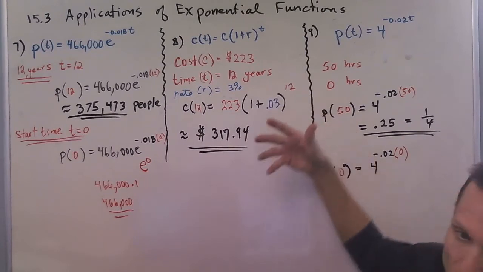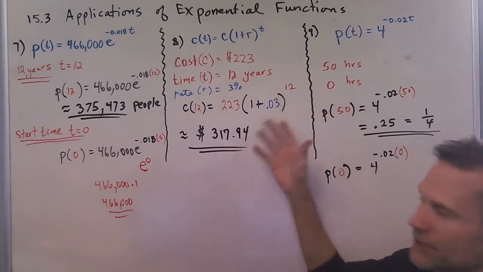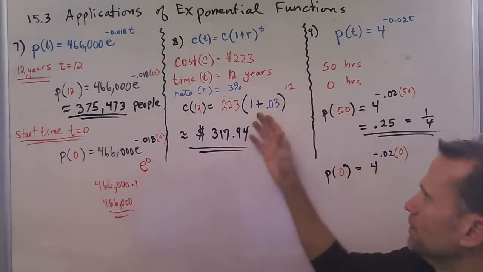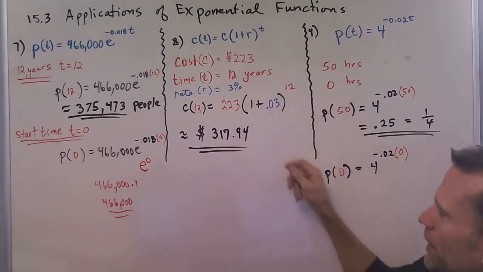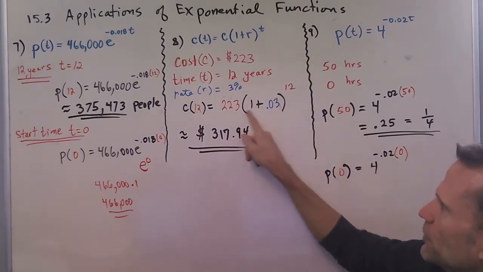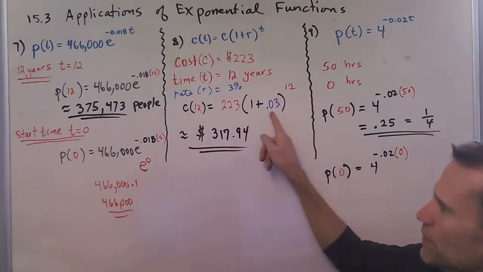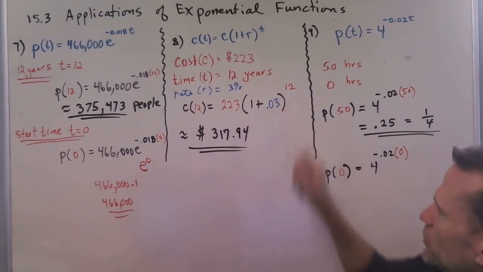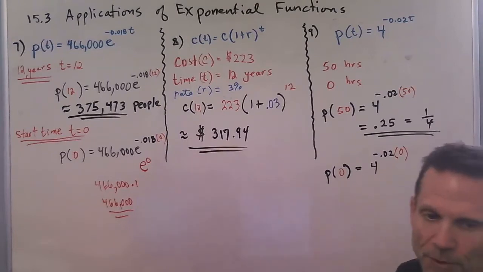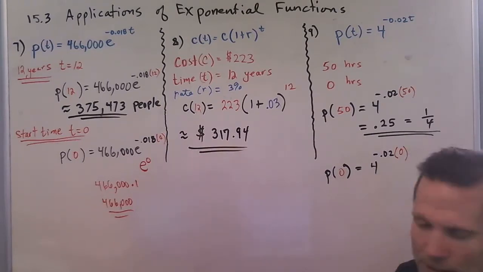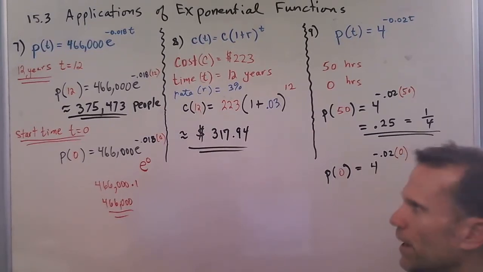In 12 years, what would that same bicycle cost if this inflation model held true? Okay, so we put in our values here, 223, 3%, be careful to change that correctly, in 12 years, and we'll compute, and it'll be approximately $317.94 or $318, depending upon how they ask you to round that.